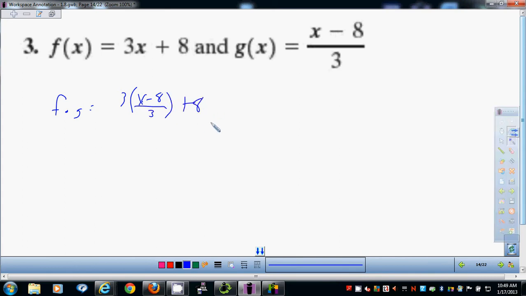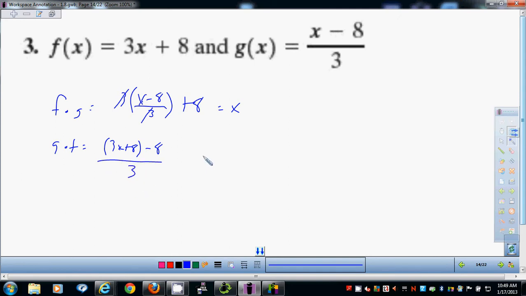So you're left with x minus 8 plus 8, which is also going to cancel. So far, so good. I've actually never seen one that only worked one way, but you never know. So g of f is going to be 3x plus 8 minus 8, going to cancel.